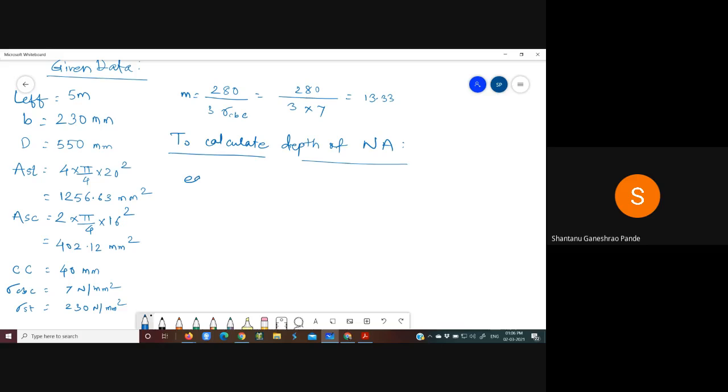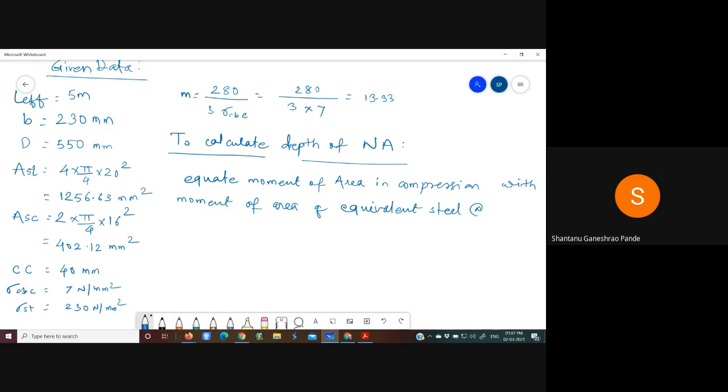We have to equate moment of area in compression with moment of area of equivalent steel, and you have to take moment about the neutral axis, right? So this is a very important step, this you should keep in mind.